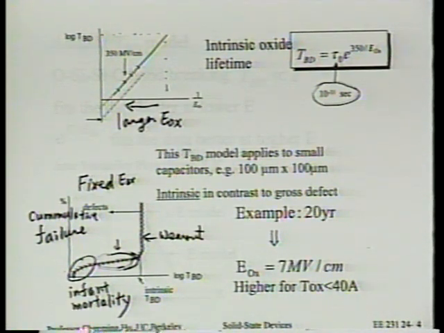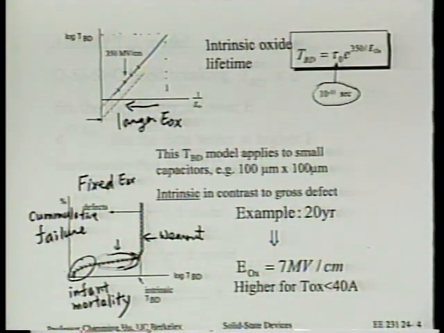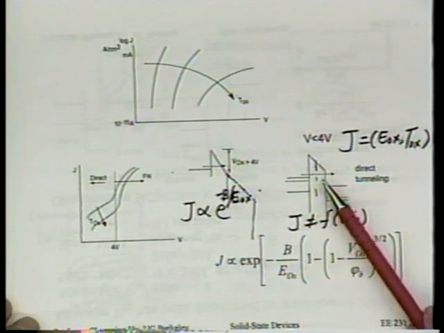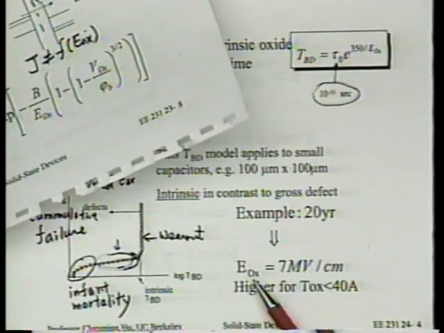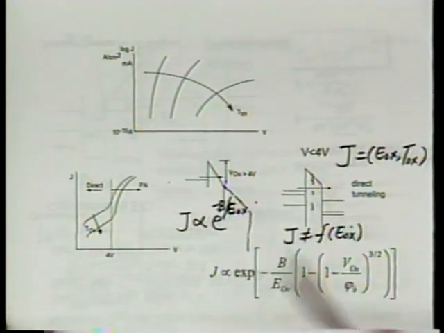Now qualitatively, it's not too difficult to understand what is going on here, all right? Because a lot of the things that can be happening at the oxide, if the oxide gets thinner and thinner, even if we fix the same field, right? If oxide gets thinner and thinner, that means less voltage is applied across the thin oxide.